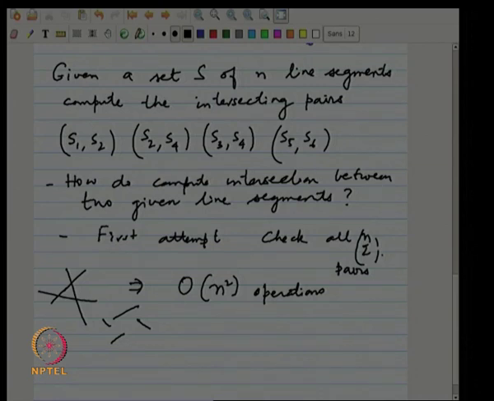How do we argue that this simple naive algorithm, whether it is good or bad? Do you think you should be satisfied with this, or there is some shortcoming? It is good if most pairs actually intersected, because the output size is about n square.